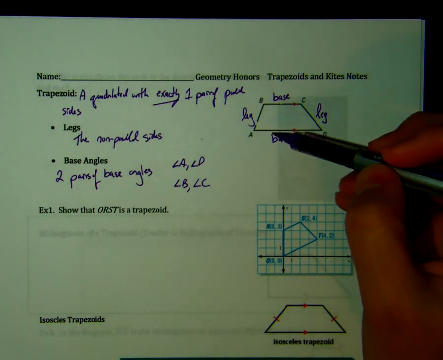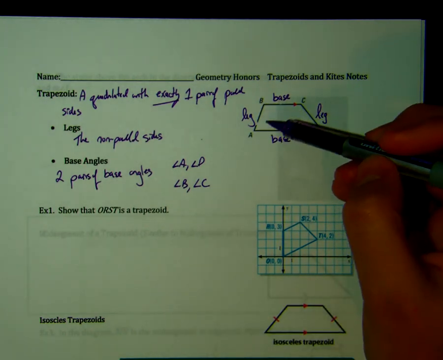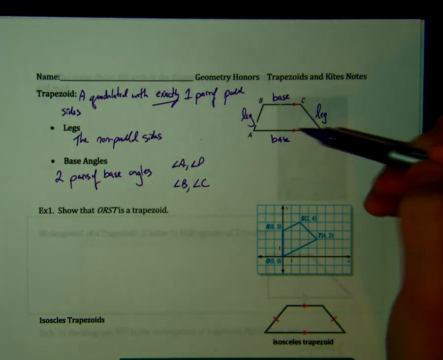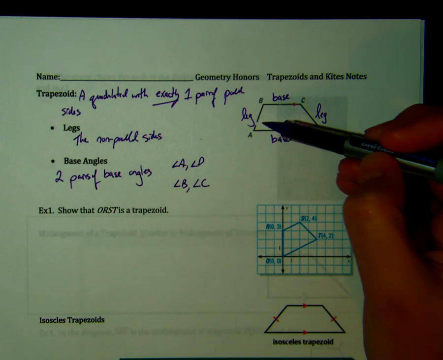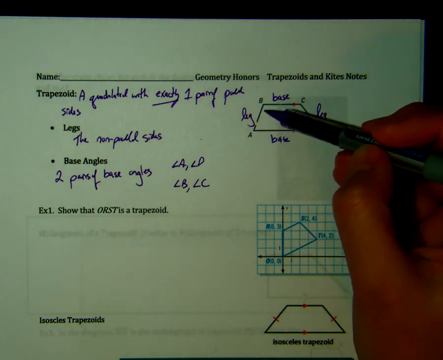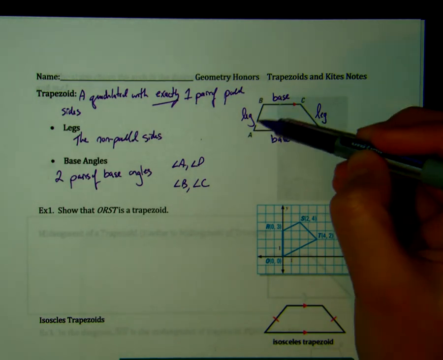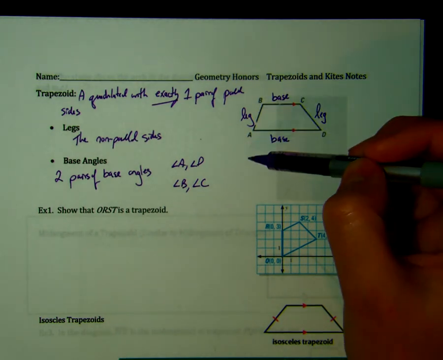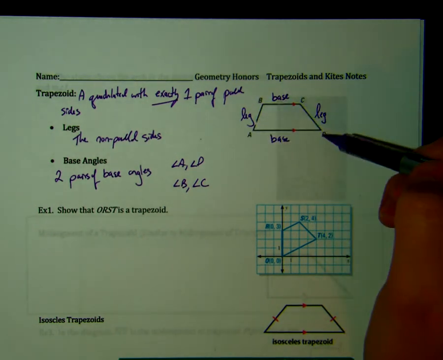The pairs that are useful are actually the non-base pairs, like A, B, and C, D, which are consecutive interior angles. So these angles are supplementary, because AB and CD are transversals through this pair of parallel bases.